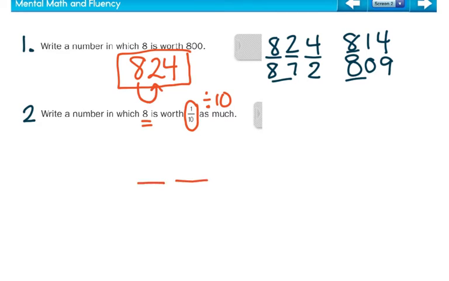So what is a number that has an 8 not in the hundreds place anymore, but in the tens place? I could say 84.